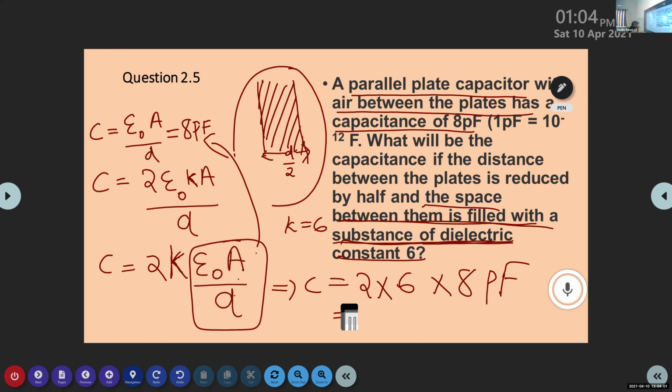So it becomes 12 into 8 picofarad, that is equal to 96 picofarad. Or you can convert it into farad: 96 into 10 raised to minus 12 farad. Clear?